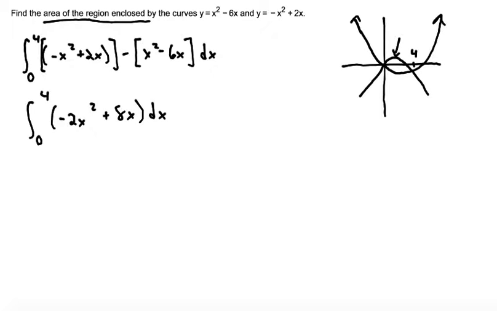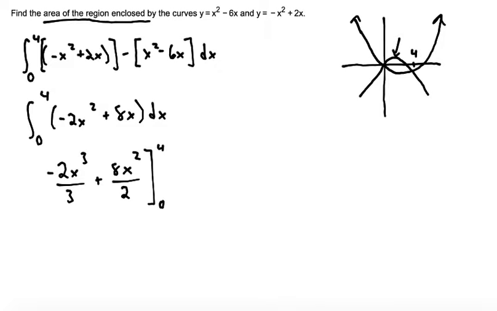So now taking the integral, negative 2x squared, add 1 to the exponent, divide by the new exponent, plus 8x, add 1 to the exponent to make that a 2, over the new exponent, which is a 2, evaluated from 0 to 4.